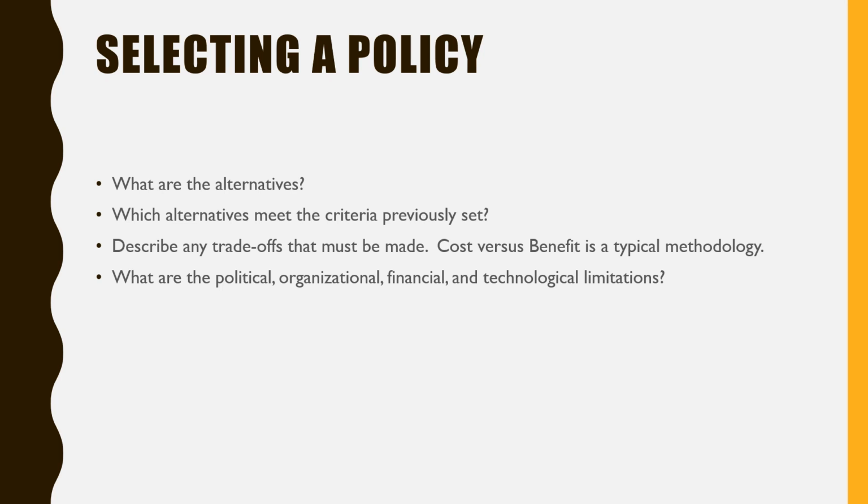But that's a determination that you're going to need to make. Now, cost versus benefit is the typical methodology, but there's other approaches that we can look at in terms of trade-offs. And what are the political, organizational, financial, and technological limitations?